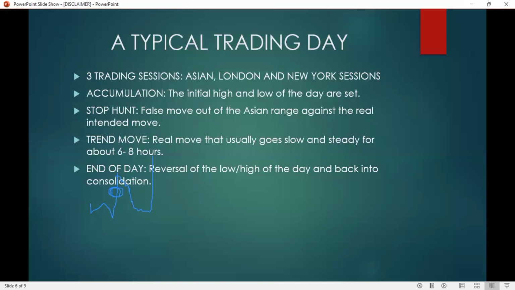Okay, so accumulation. What's accumulation? The initial high and low of the day are set during the accumulation time, and that's one of the characteristics of the Asian session actually. You're going to see a lot of accumulation of contracts, because now what happens? Since the market is not really making major moves, they keep putting in some spikes, making some fast moves.